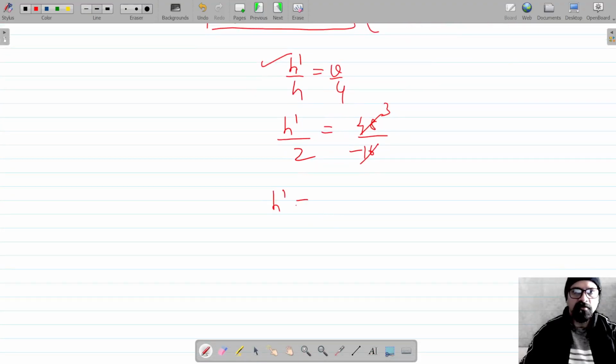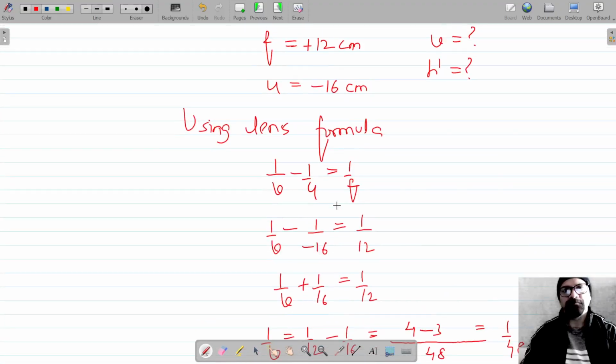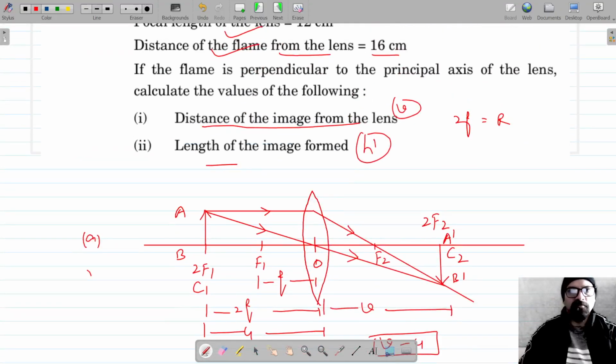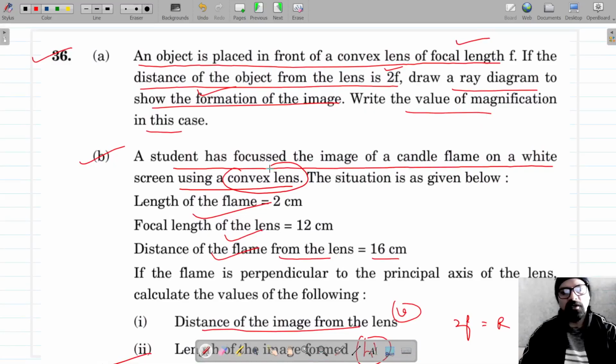So h dash is now equal to negative 6. Negative means that the image is inverted and it's 6 centimeter in size. So the height of the image is 6 centimeter, and negative is for the inverted image. So we have found the length of the image, h dash. And let's move on to the next question.